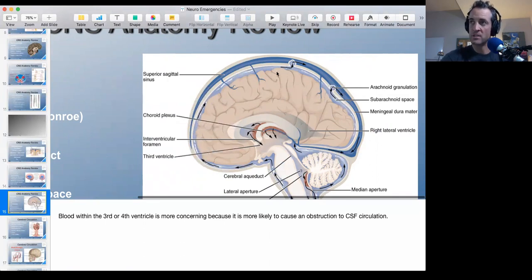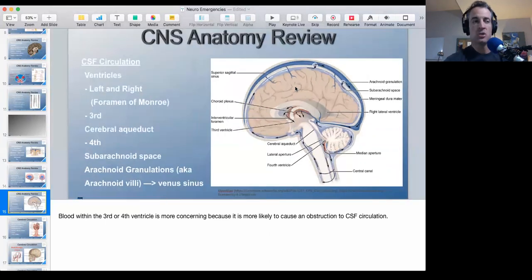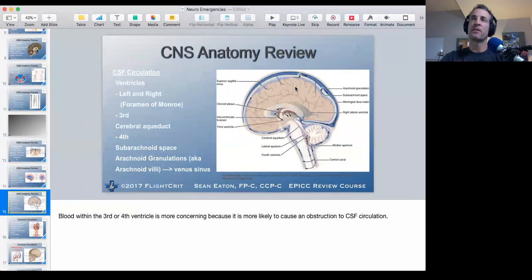And this is where the CSF is reabsorbed back into the venous circulation. So remember I mentioned that cerebral perfusion pressure is mean arterial pressure minus ICP, or mean arterial pressure minus central venous pressure. And that should make a little bit more sense now. You'll never see it calculated using central venous pressure.